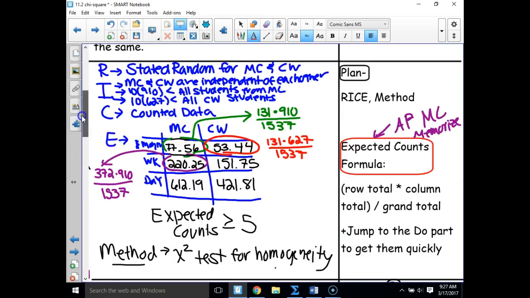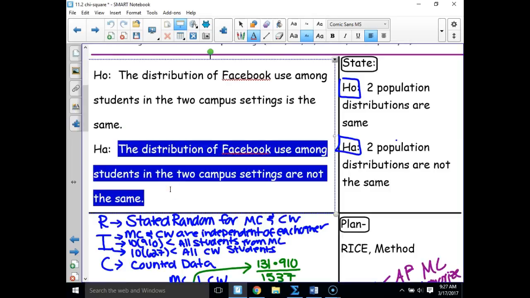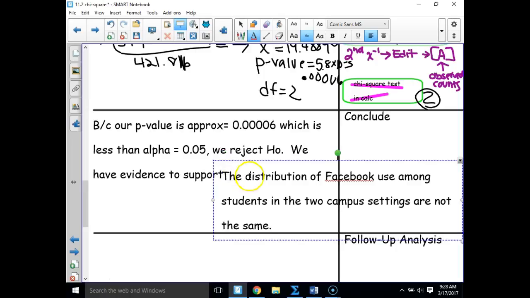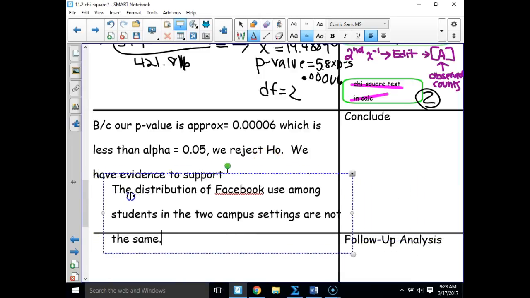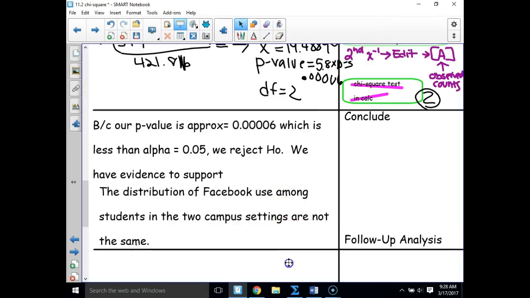So I'm going to take HA, and I'm literally going to Control C, and then Control V. Okay, so write that down.